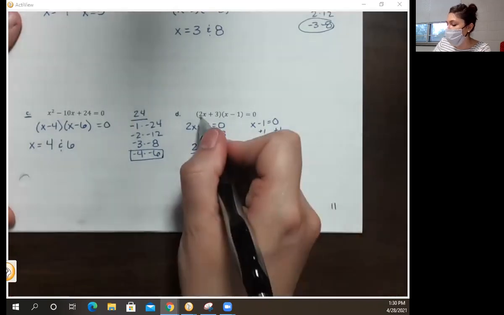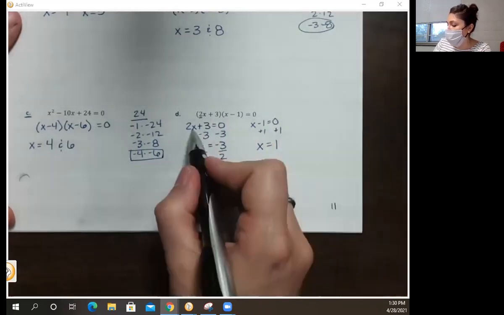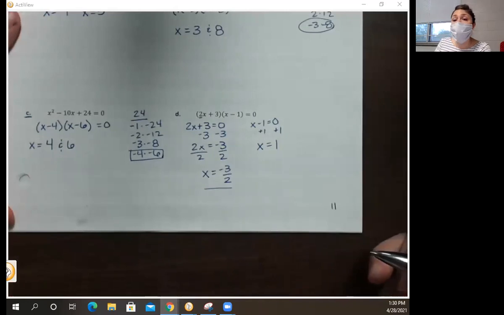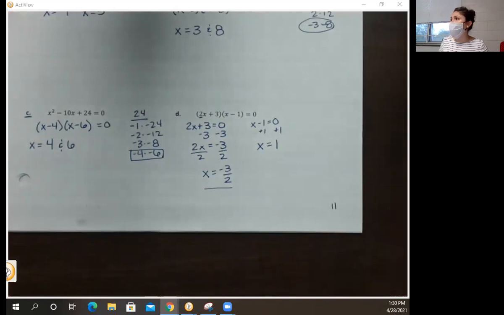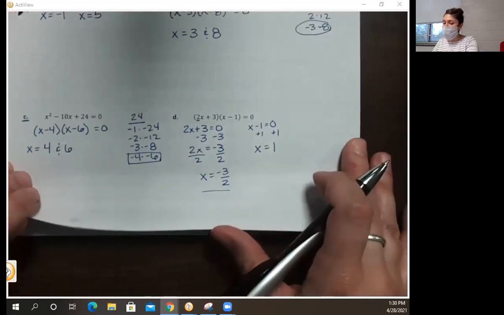Okay, so if you have a number in front of x, remember you've got to account for that when you give your solutions or your x-intercepts. Questions for me on our first few examples? Okay, so turn the page for me, if you will.